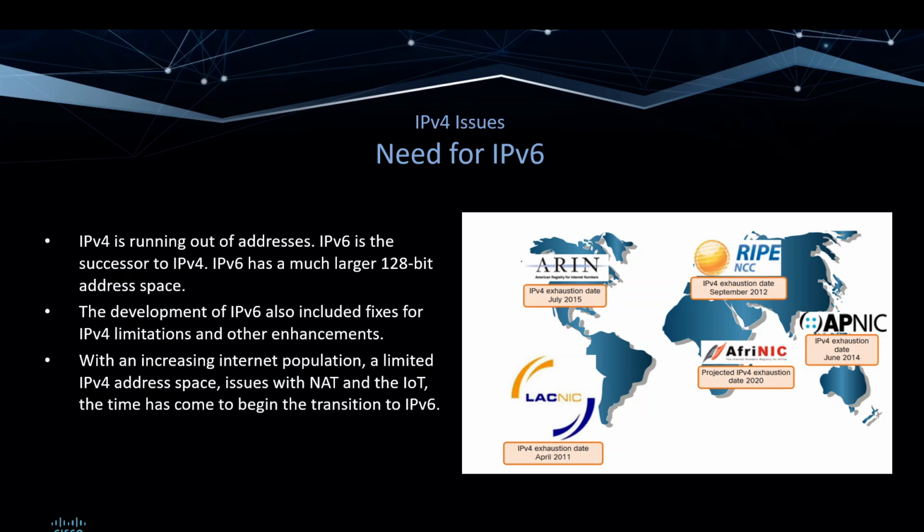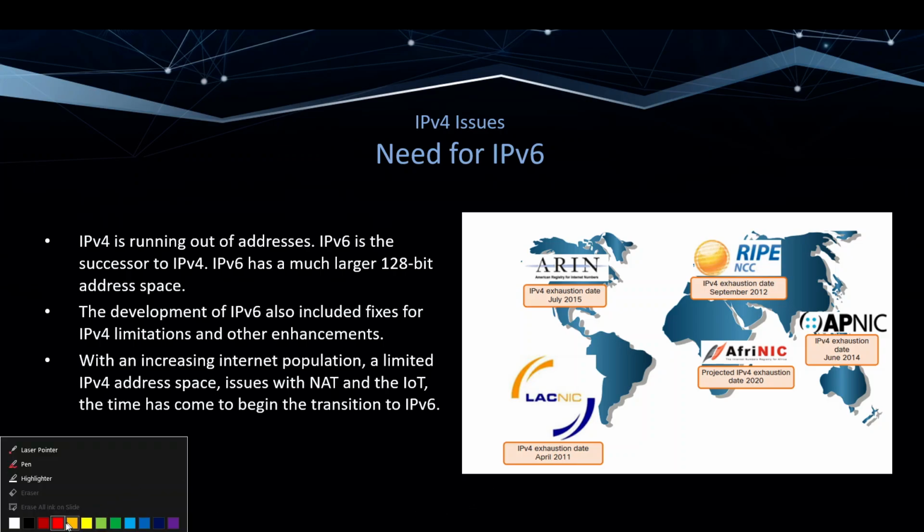So IPv6, as you may know, came to overcome the IPv4 limitations because the addresses are almost exhausted. Most of the organizations that allocate IPv4 addresses declare that they are finished, some of them since 2012, as you can see here.